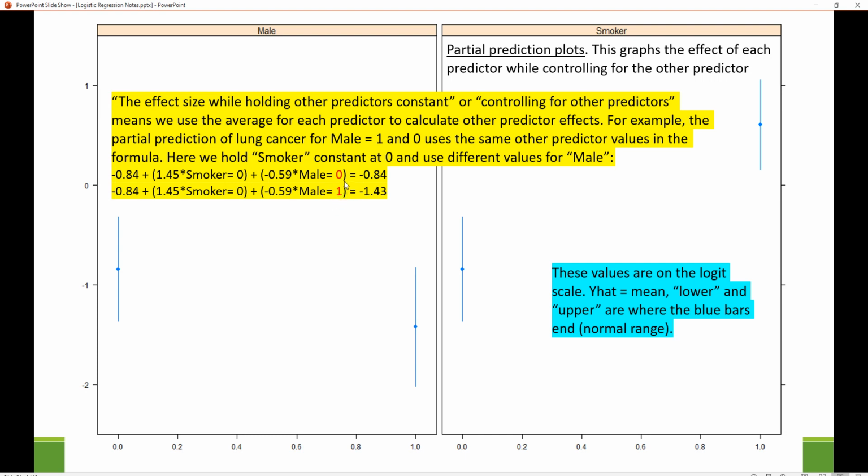And say if we hold it at 0, then in the calculation, smoker would equal 0, and then that next row, smoker equals 1. So that's what we mean by we're controlling for a variable or holding it constant. This just represents that formula.